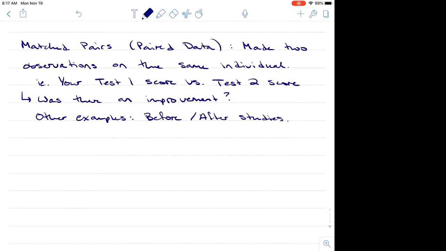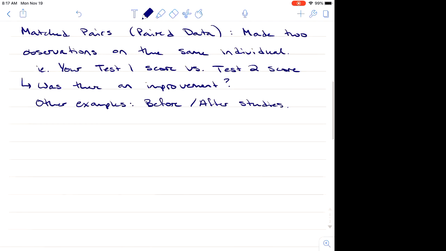To do that, we just calculate a column of differences. So we take your test 1 score minus your test 2 score, or test 2 minus test 1, it doesn't matter, as long as you're consistent for all the scores. Then you calculate a new column of differences, and now you're back to a 1 sample test of the differences.